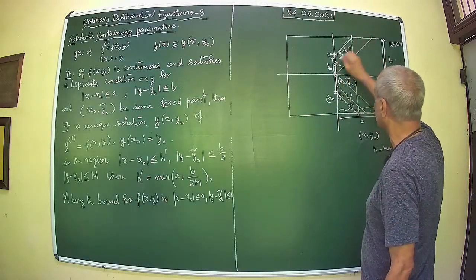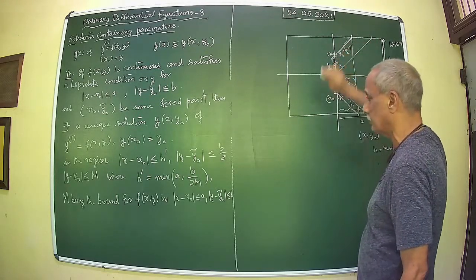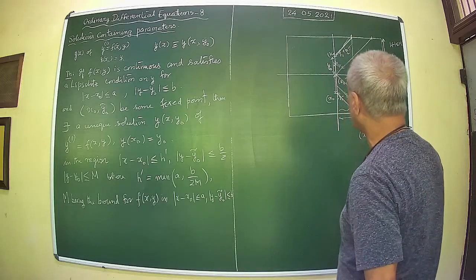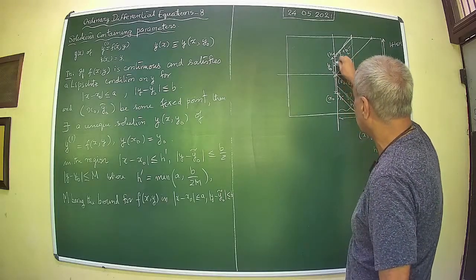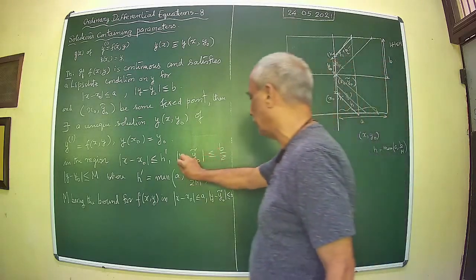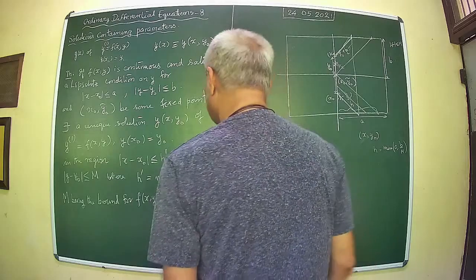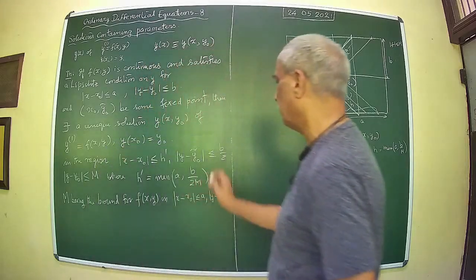Suppose y naught is somewhere here, and there is a positive distance between y naught and y naught tilde, within b by 2. It is going to be a point within this region.